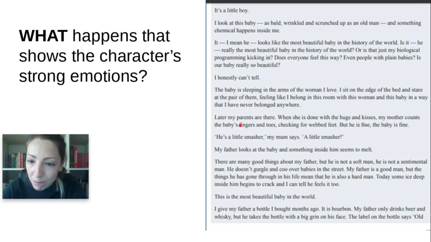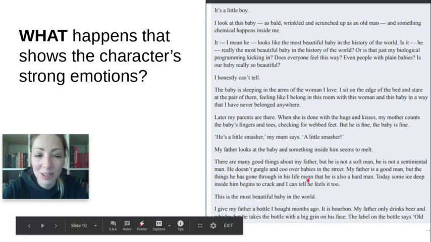Then there's a little bit of his mother's dialogue as well, and he looks at his mother and his father's reactions, and his excitement is reflected through his parents' reactions. He particularly focuses on his own father, and he's excited to see how excited his own father is. And isn't that just the way sometimes, you get excited by looking at someone else's responses? I can tell he feels it too.